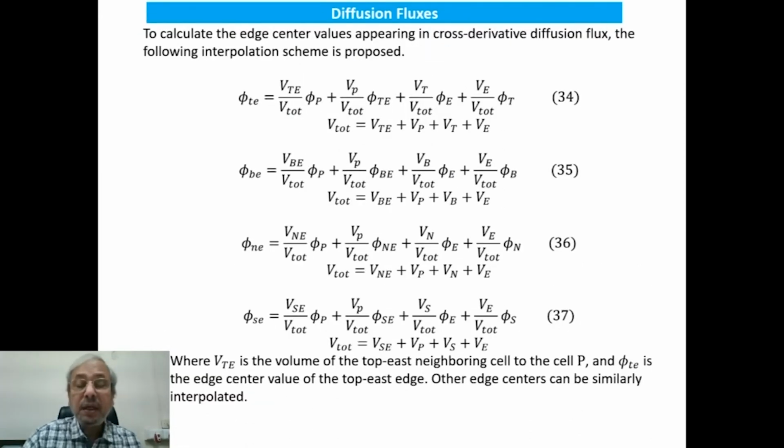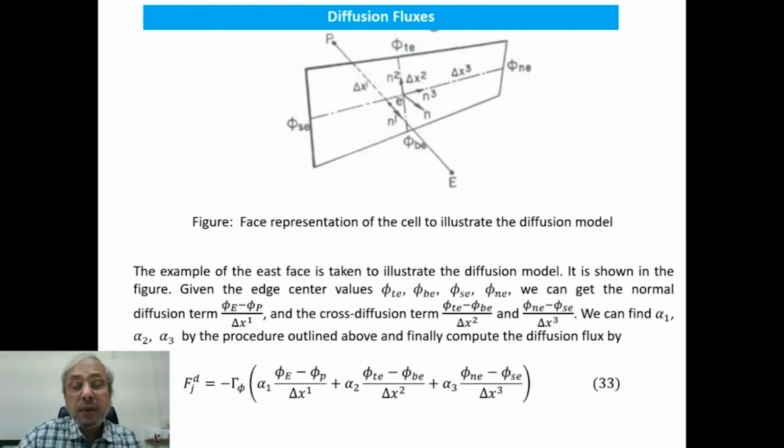Now here, when we calculate, phi E and phi P are defined, but quantities like phi TE, phi BE, phi NE, phi SE are not defined because these are edge centers.